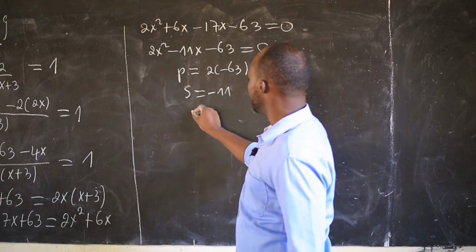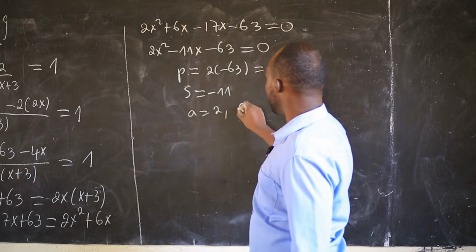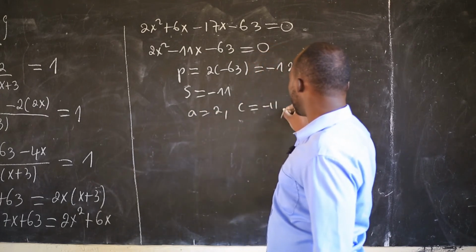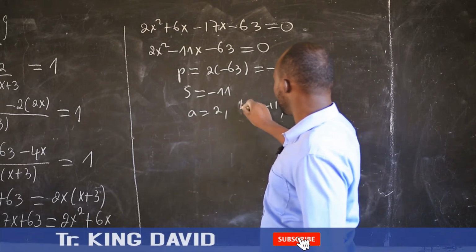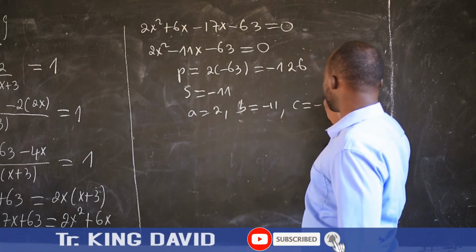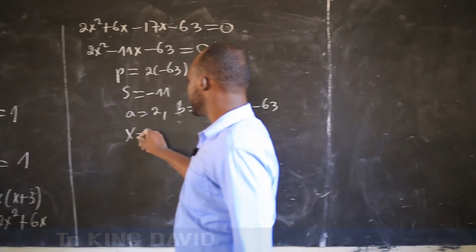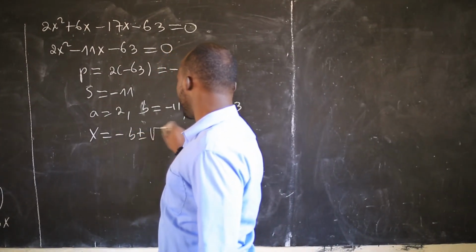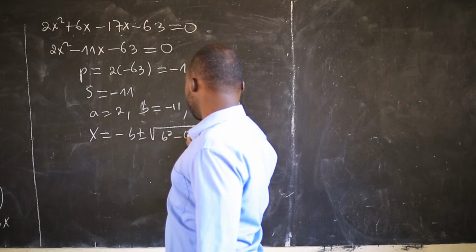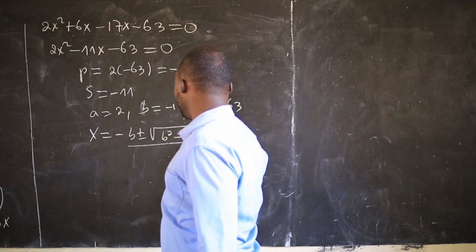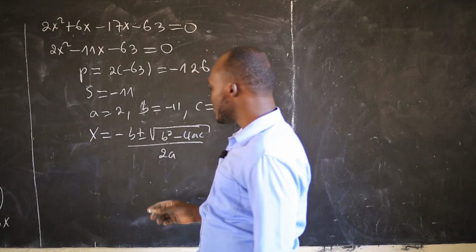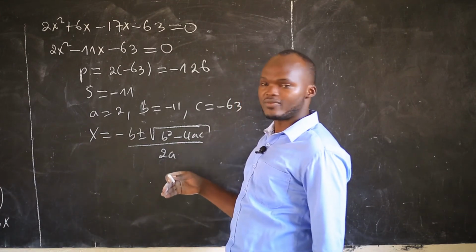I just say, okay, my a is 2, my b is negative 11, and my c is negative 63. So I use the quadratic formula, which is x equals negative b plus or minus the square root of b squared minus 4ac, divided by 2a. So I'm using the quadratic formula to help me bring it back into factorization.